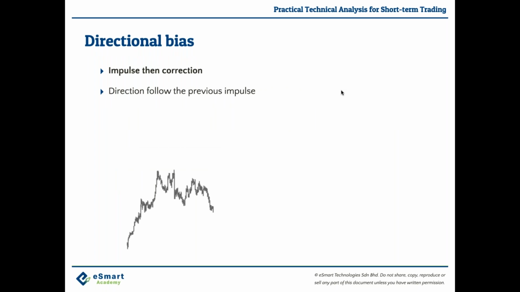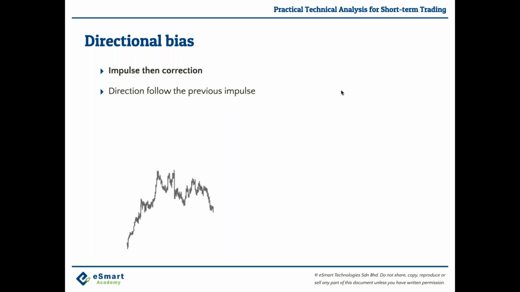So let's discuss the first one first, which is impulse then correction. What we do is we take an impulse move and combine it with another corrective move. In this illustration at the bottom of the slide, you can see the impulse move to the upside, and then after that it starts to form a correction, basically going sideways.